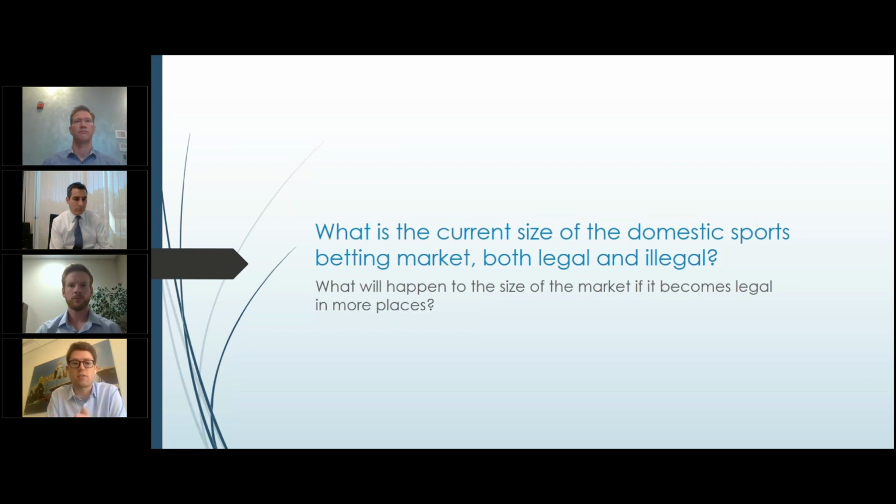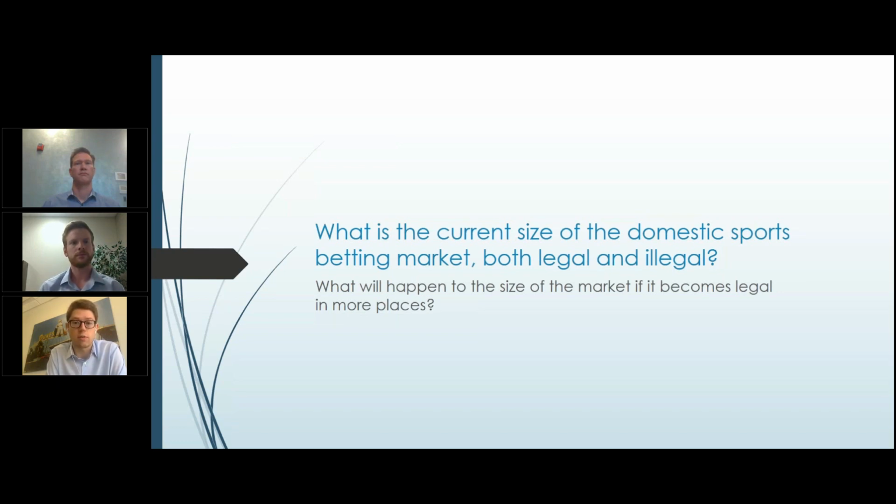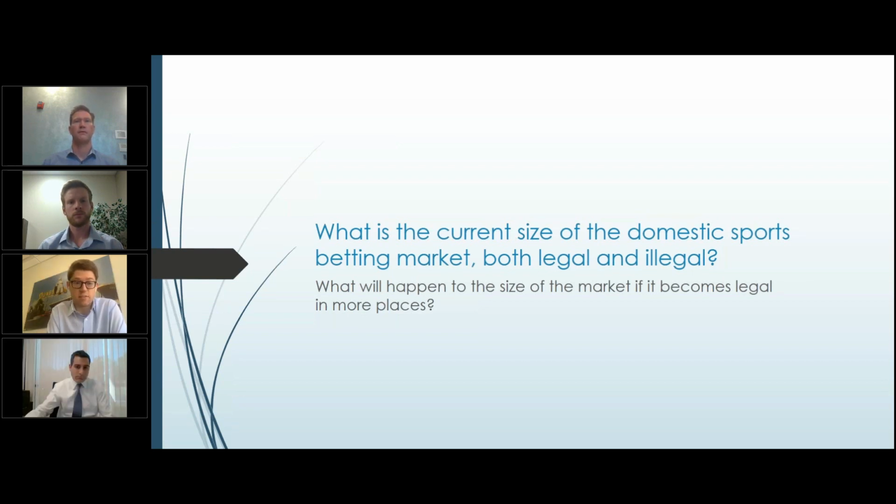We have estimates that are consistently within a range, at least on handle, of between about $140 and $170 billion annually bet illegally on sports here in the U.S. That's an absolutely massive number, which I think underscores several things in terms of consumer demand for this product, demand for a legal, regulated and safe market. And it's a very popular activity.